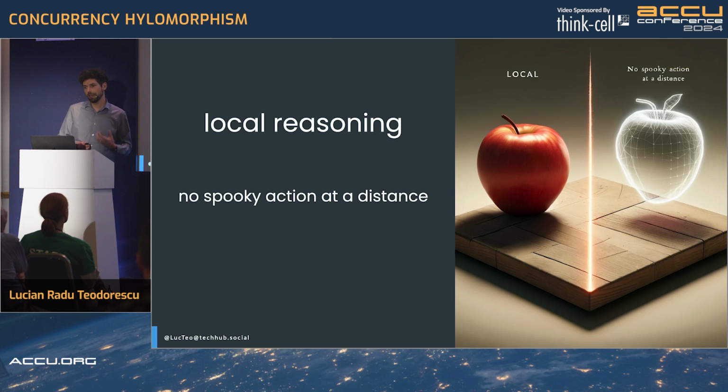There is no spooky action at a distance if you apply this rule, right? So if you look at a piece of a function, you're certain, and the compiler guarantees, that there is nobody else in your code base that can change the output of anything that's in there. You have full reasoning capacity to reason about your function.